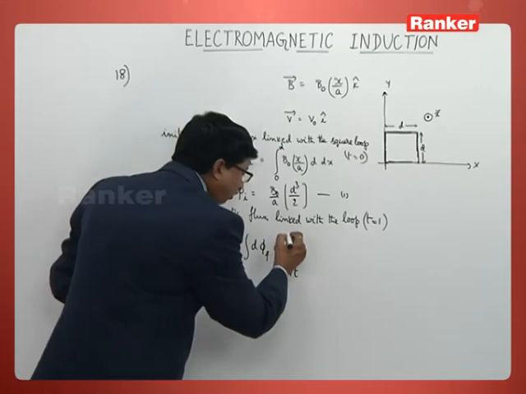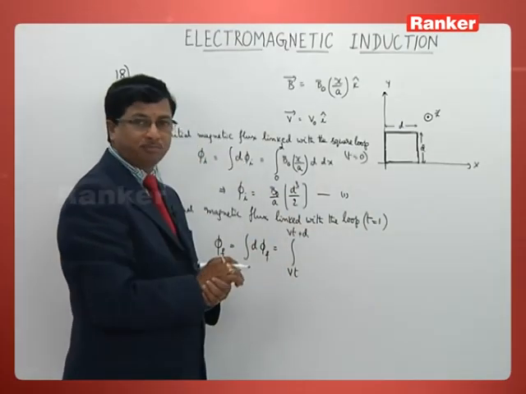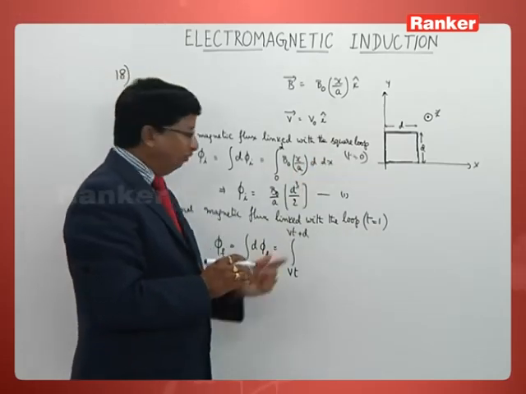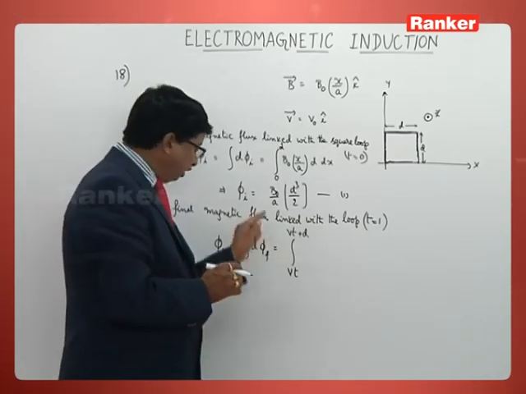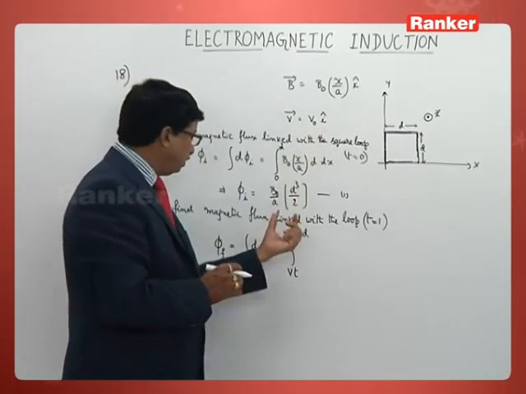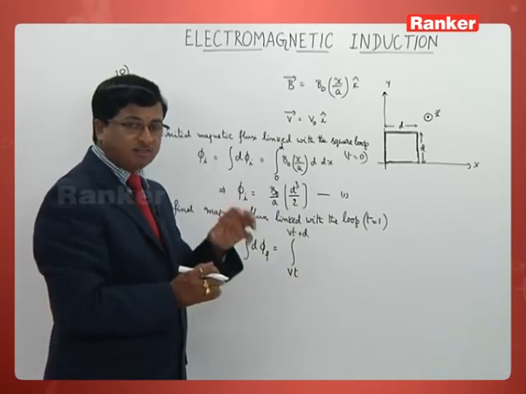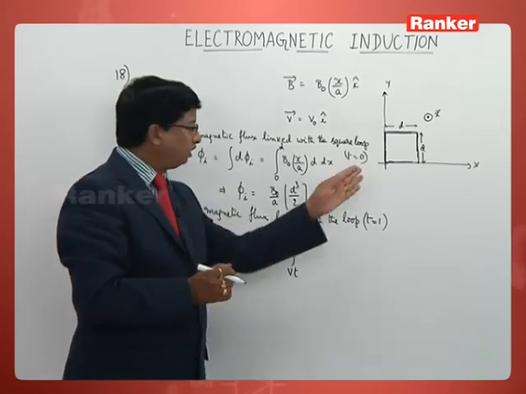So I should write this one Vt plus d. So d already is the distance. Velocity into time is also distance. So from initial distance to final distance we are just integrating in between. Final distance after what time? 1 second. Initial distance when t is 0.